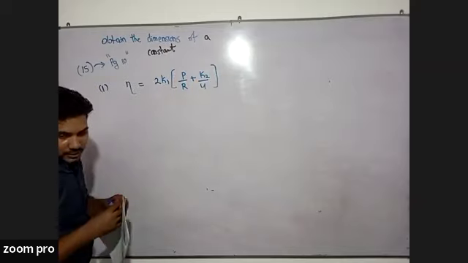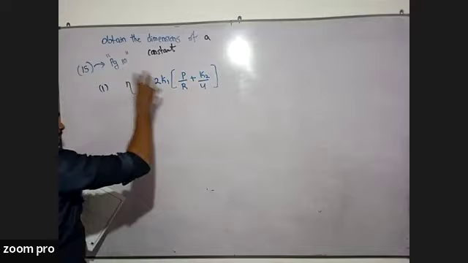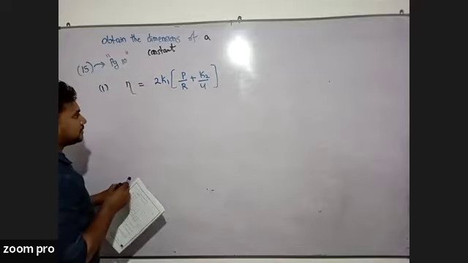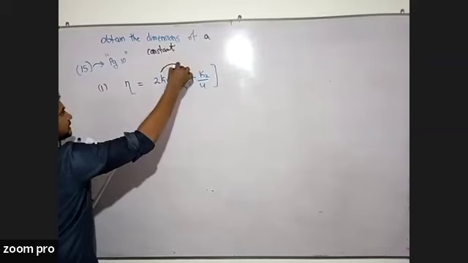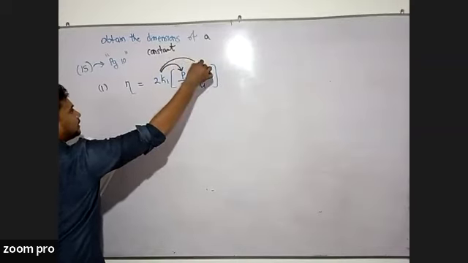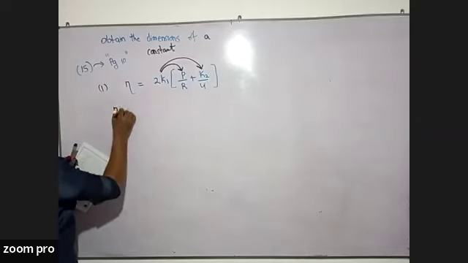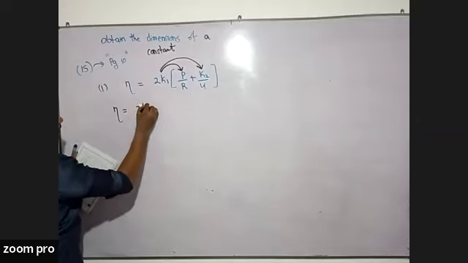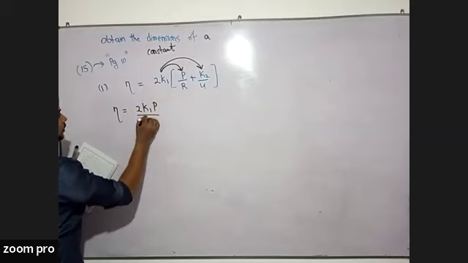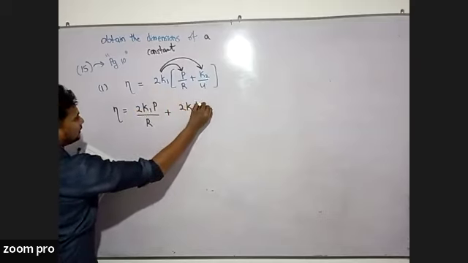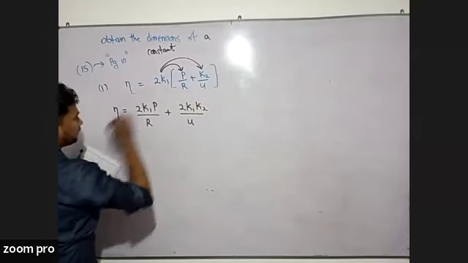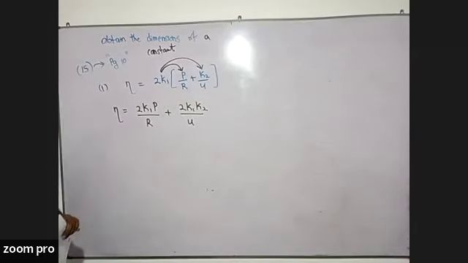I have told you that if you're given this kind of expression including brackets, it's better to expand the equation by multiplying the inside terms by 2k1. That is, eta equals 2k1 p over r plus 2k1 k2 over u, right? Likewise, we can obtain the standard equation.